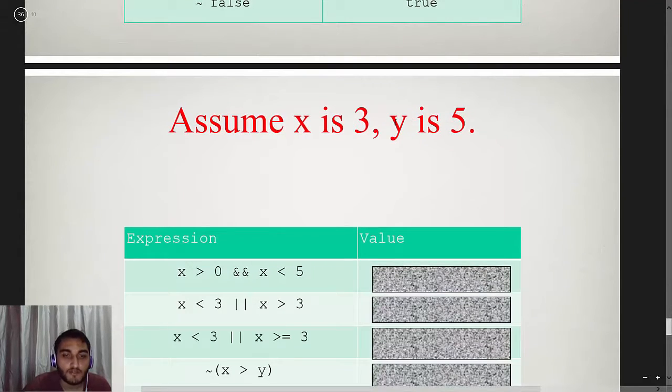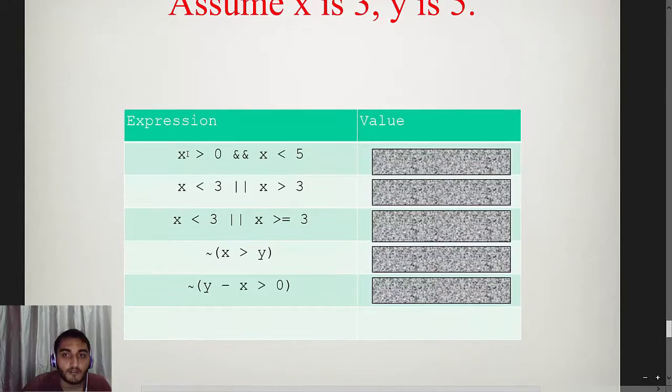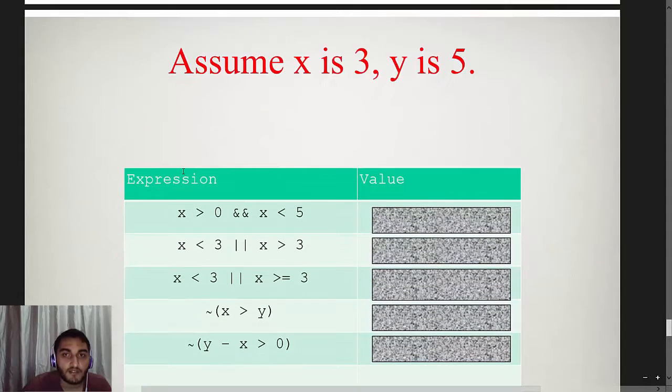Assume x is 3 and y is 5 again. 3 greater than 0 is true. We should look at that, yes, because this is the AND operator. 3 smaller than 5 is true, so the answer will be true. x smaller than 3, 3 smaller than 3 is false, 3 larger than 3 is again false.